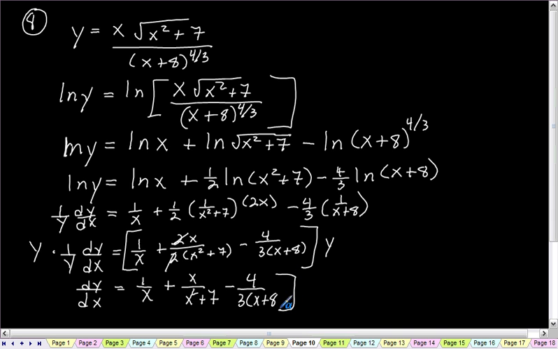Times that bracket. We knew that y is equal to this number up here, so we just plug that in: parentheses, x squared plus 7, over x plus 8 raised to the 4/3 power.